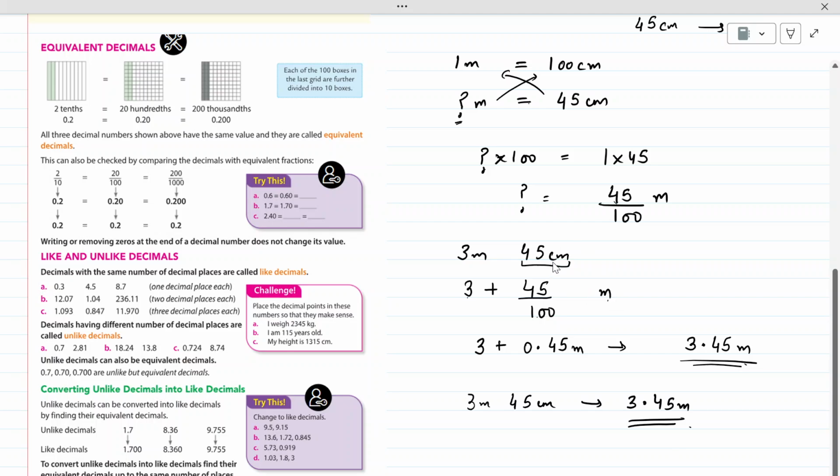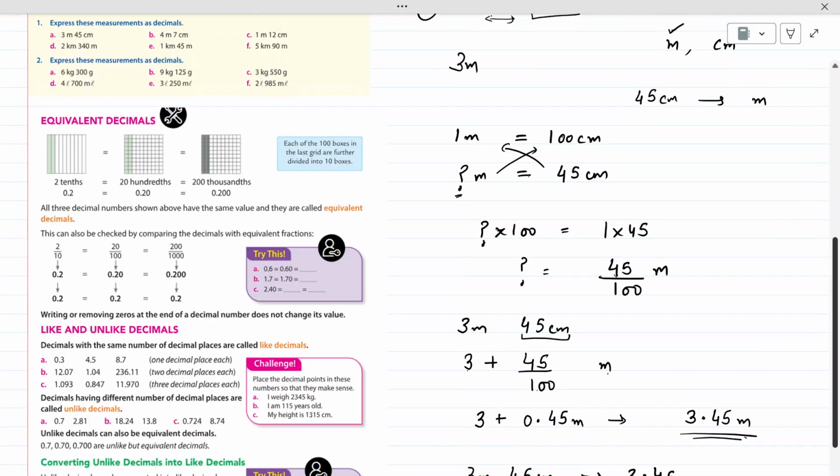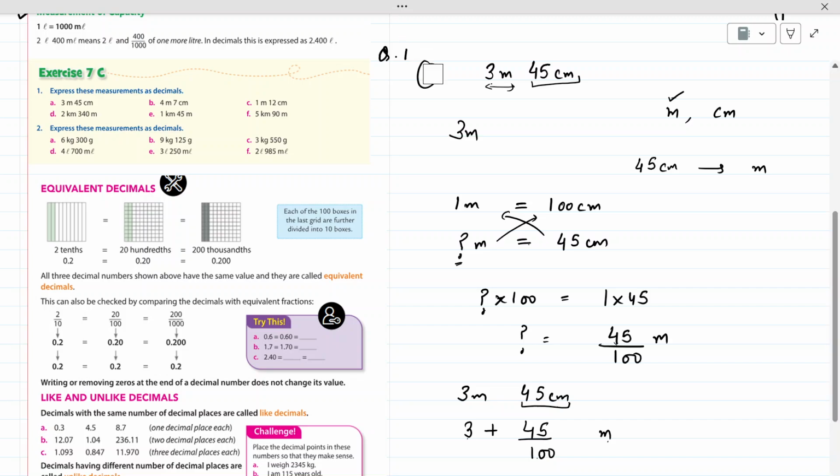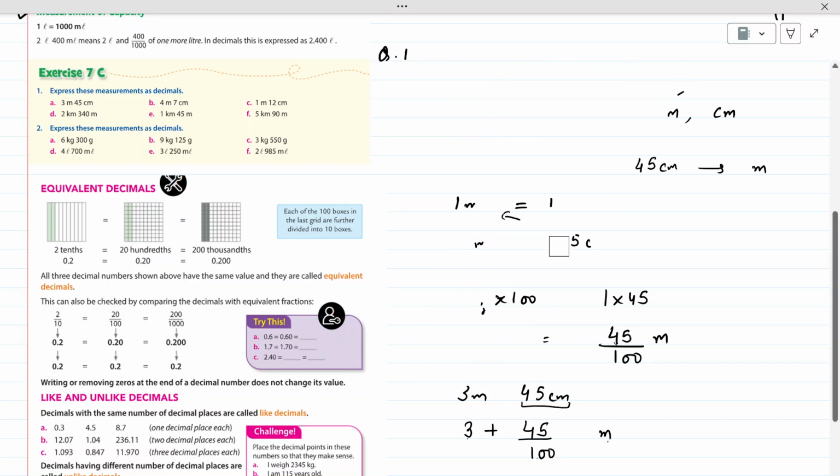For that, we converted 45 centimeters into meter using the formula 1 meter is 100 centimeter, and we found out how many meters will be there in 45 centimeter, which turned out to be 45 by 100, and then we added them and got the value 3.45 meters. Okay, easy. So kids, this is how we have to do this question, and all the questions of this first question number are based on the same thing.